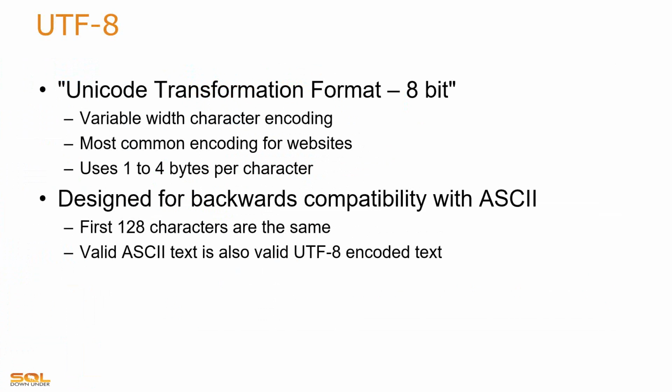Some characters are 1 byte long, some are 2, some are 3, some are 4. As I said, it's not the character set, which is what a lot of people get confused by. That's still Unicode. It's a way of encoding Unicode for storage. Now, they designed it to be compatible with ASCII.